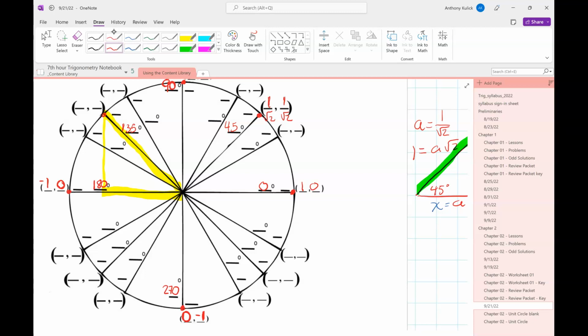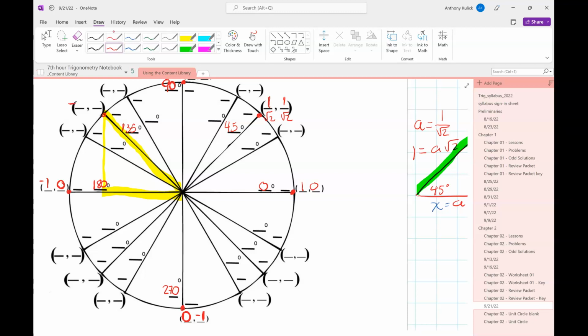What quadrant is this terminal side in? Q2, right? In quadrant 2, the x coordinate should be, anybody, please try to participate. Just anybody? Negative, right? Because you're going to the left. Everybody remember that?